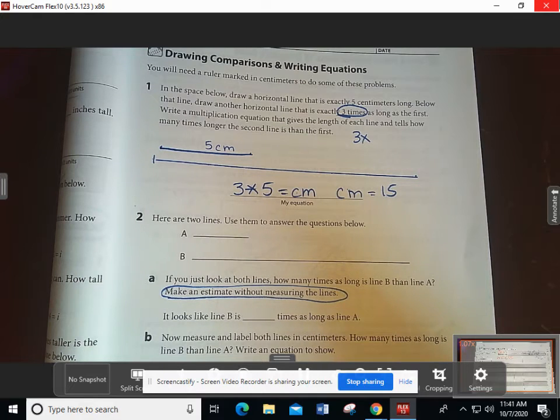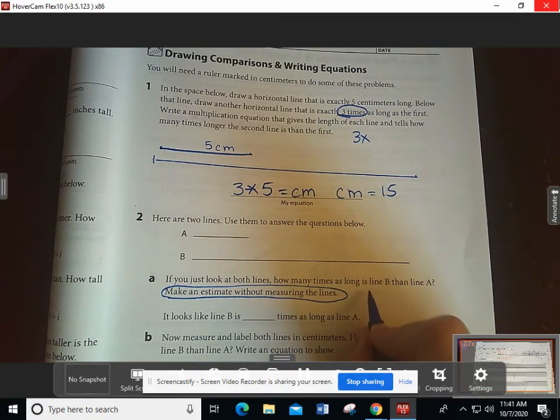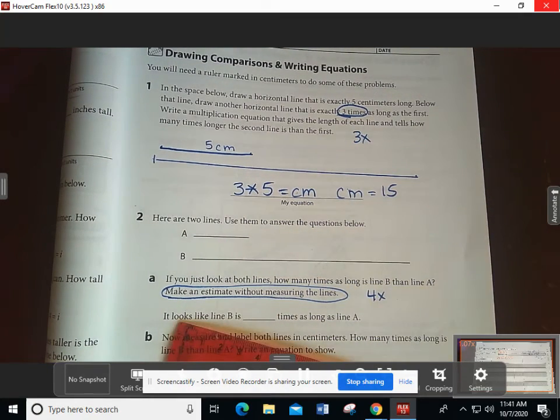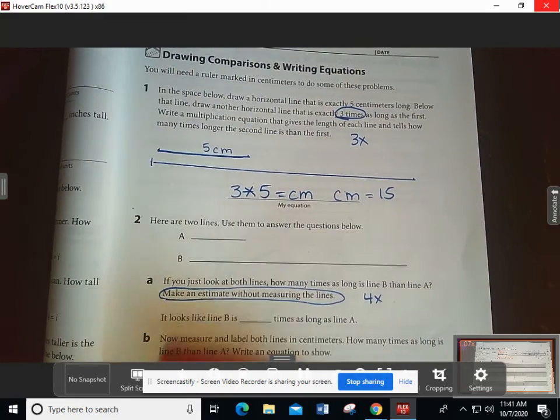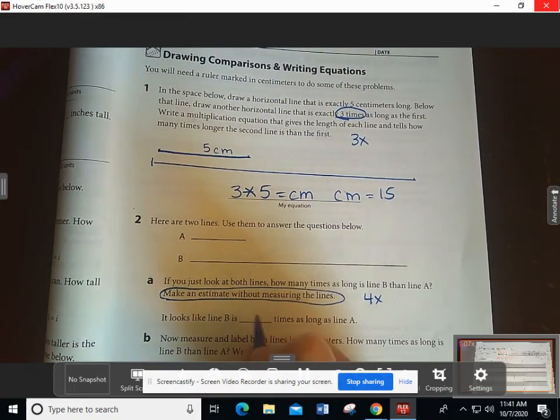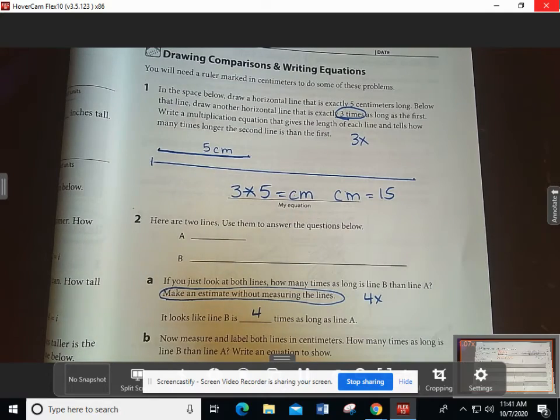Okay, Adrian thinks it might be 4 times as long. Anybody else have some guesses? Nobody else? Crickets here. Okay, well, Adrian's the only one that gave us an answer, so we're guessing it might be 4 times as long. Now we have to measure.